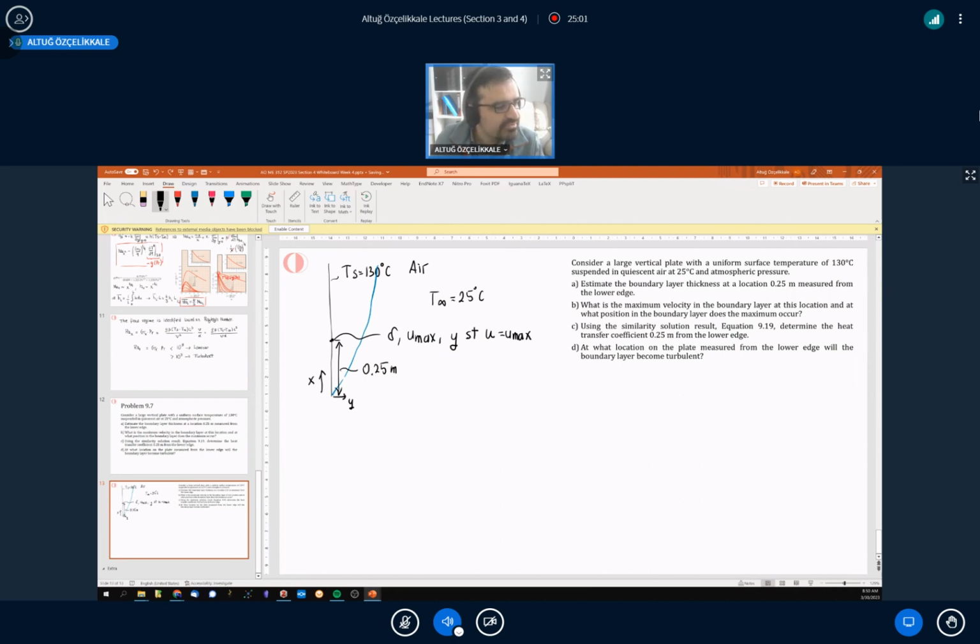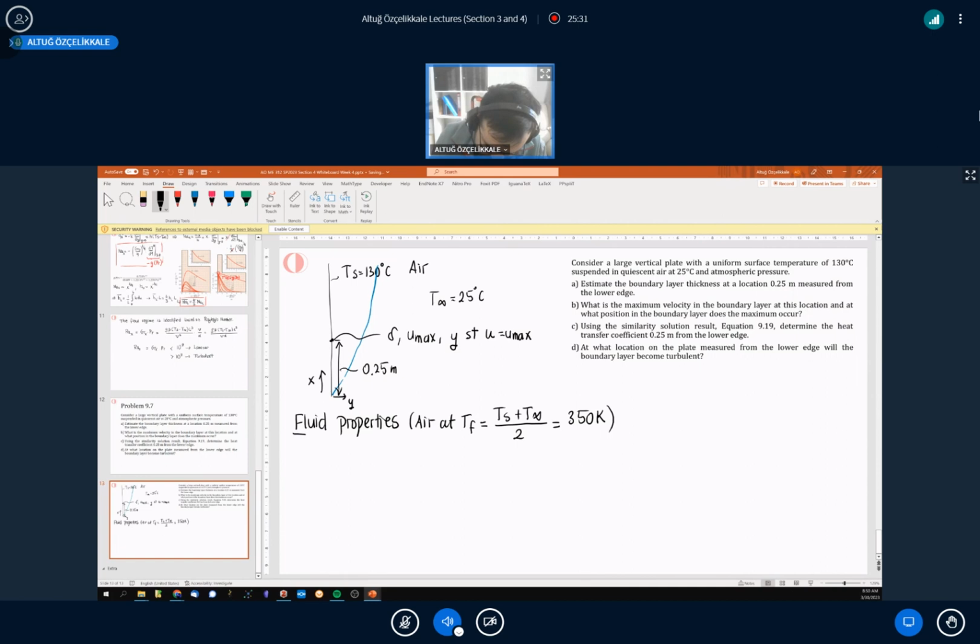We are going to evaluate them at the film temperature, that is the arithmetic mean of those two temperatures. I'm emphasizing this because I believe that's the first time we are using it. Okay, so that's 350 Kelvin.